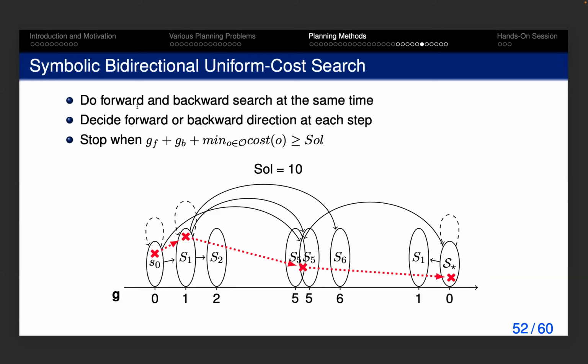And in the forward direction, one would be X and Z. Then you do an intersection and check if there is an intersection or not. So you can do that for all of these states at the same time.